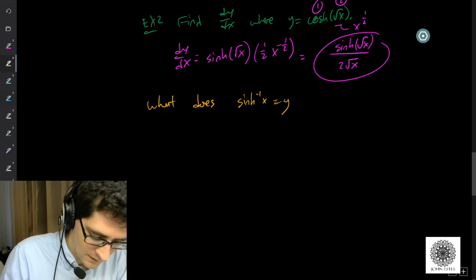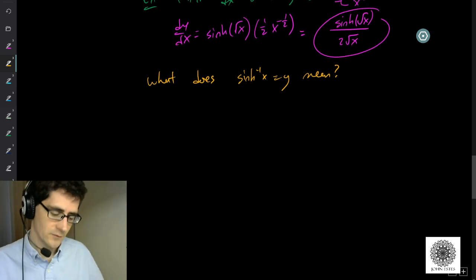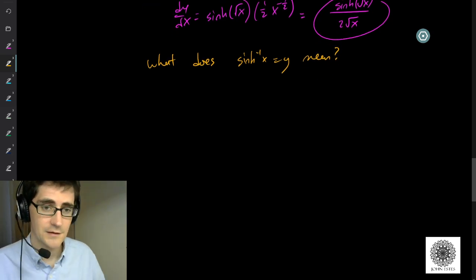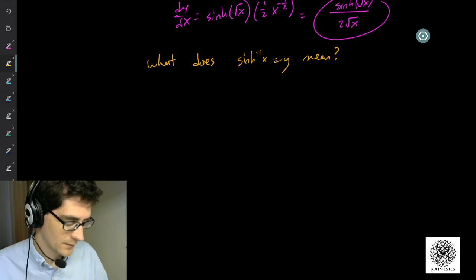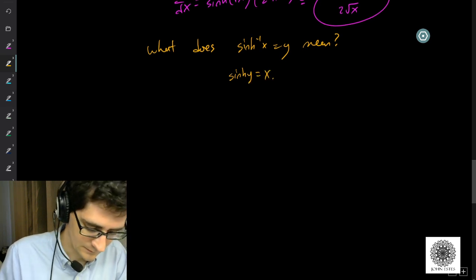I think we understand from our discussion with inverse functions and inverse trig that this means that sinh y equals x.